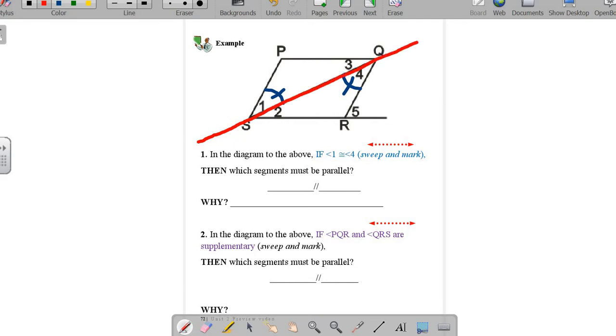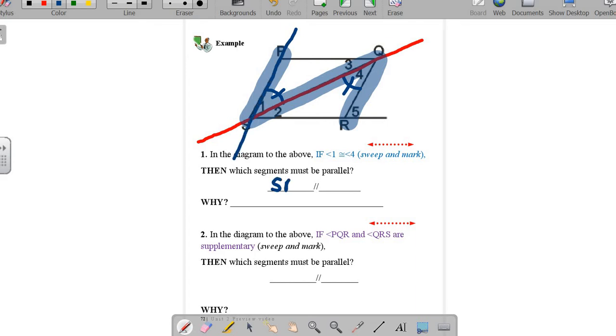So your stir stick goes here. And if 1 and 4 are congruent, you're being asked which lines have to be parallel. Trace with me. You can see that 1 and 4 are alternate interior, otherwise known as armpits of the Z.